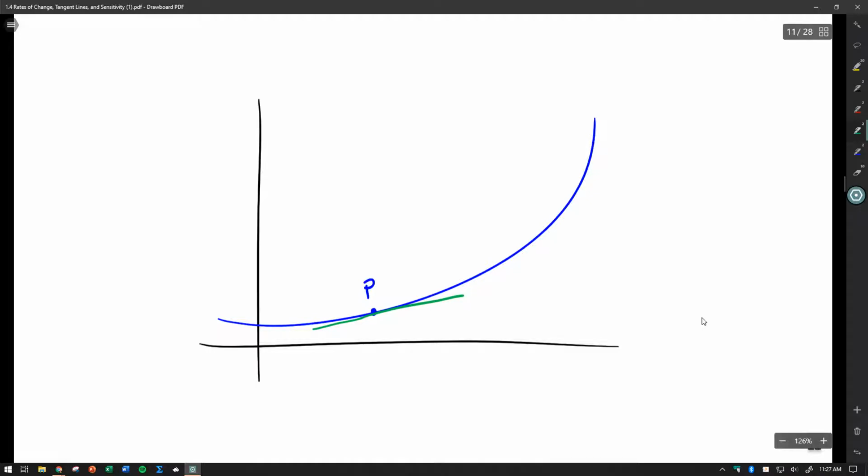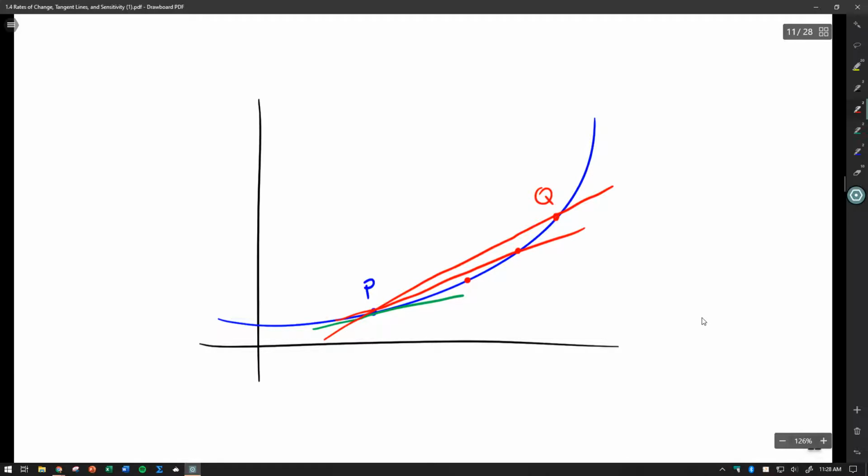So here was what Fermat said to do. Pick another point on the curve somewhere nearby P, but a little ways away, and call it Q, and calculate the slope of the secant line, the one that goes through points P and Q. And then use limits to send Q toward P, so that maybe next Q would be here, and now you've got a different secant line, and that slope would be a little less steep.